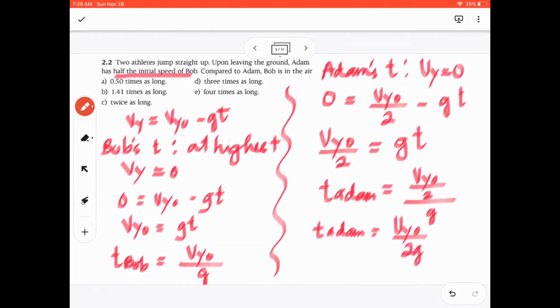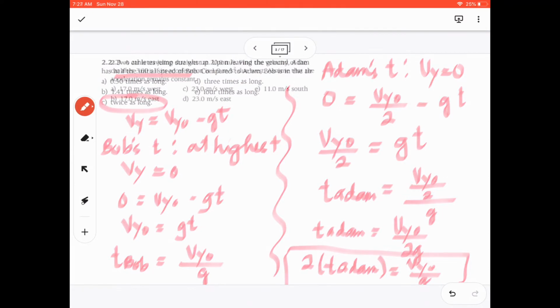If you multiply the time of jump of Adam by 2, it will be equal to Bob's Vyo over g. So you multiplied it by 2, and your answer will be twice as long.